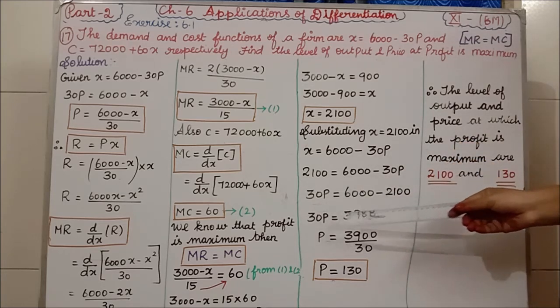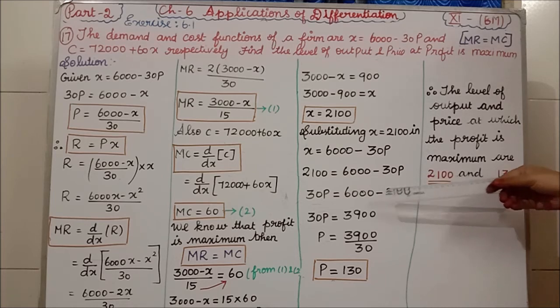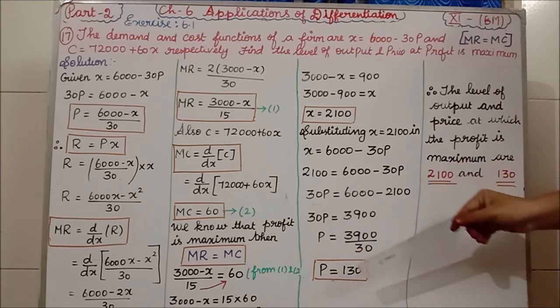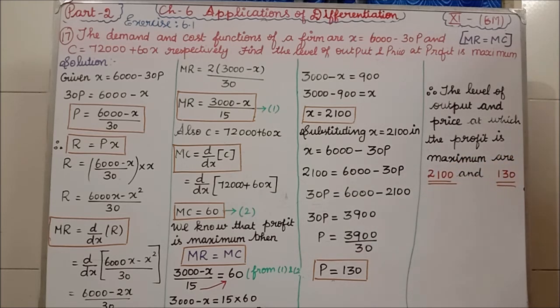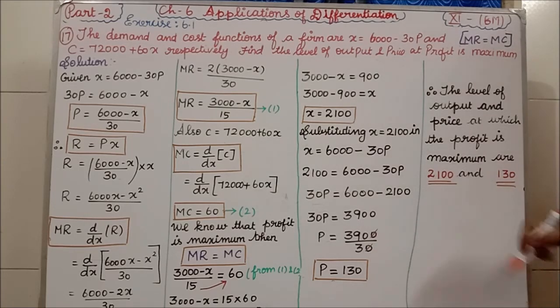Next, 30p equals 6000 minus 2100. If you subtract, we get 3900. So P equals 3900 divided by 30. The 0 and 0 get cancelled, so the remaining is 390 divided by 3. If you divide that, we get price equal to 130.